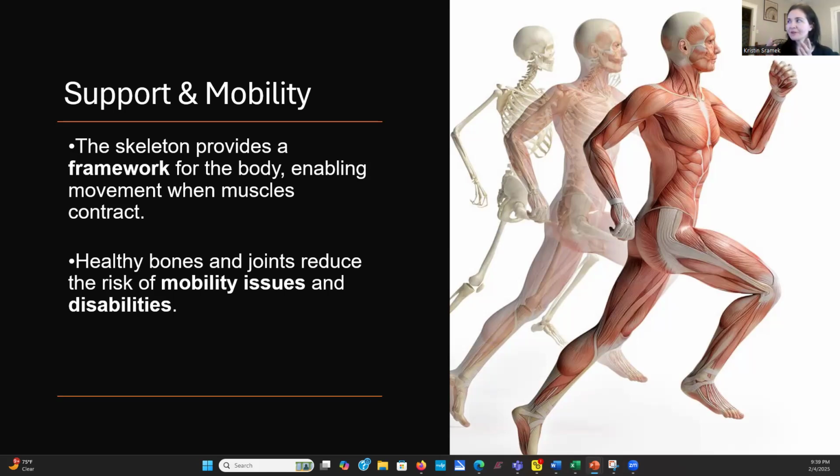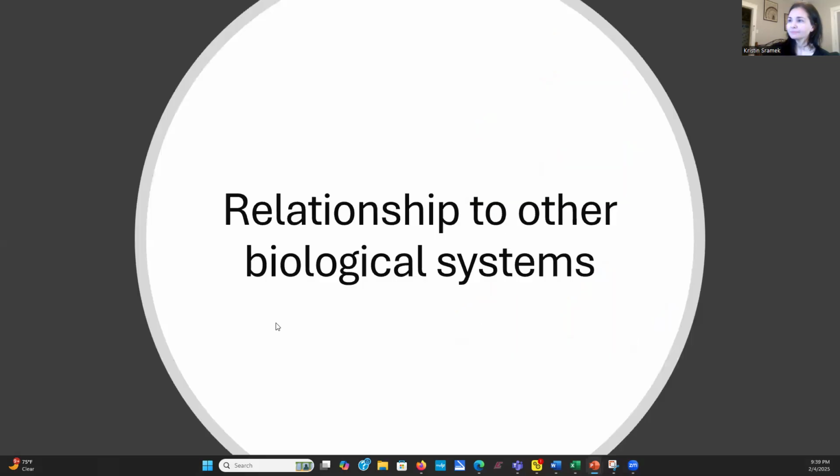If we didn't have the structure of these bones, we wouldn't be able to do basic functions involved in mobility, like walking and running and jumping and dancing and carrying things. The bones provide the structure behind the muscles to allow for those movements.